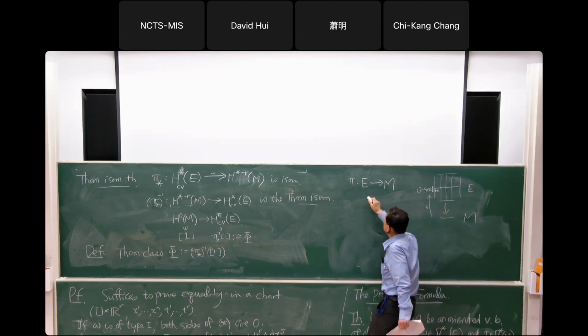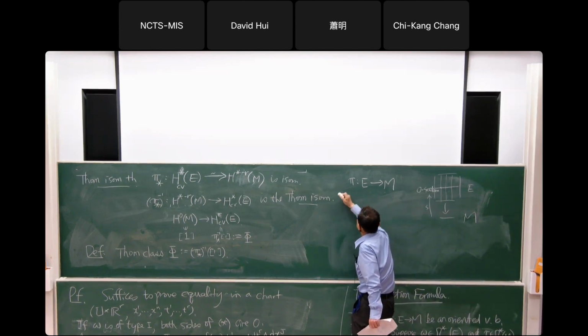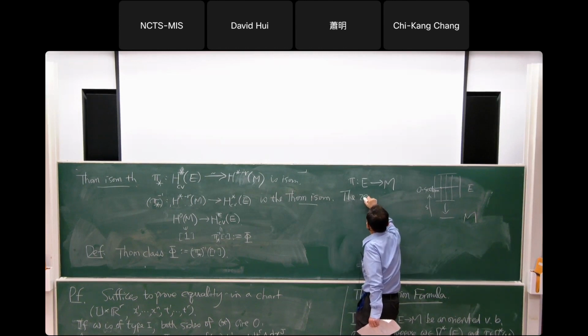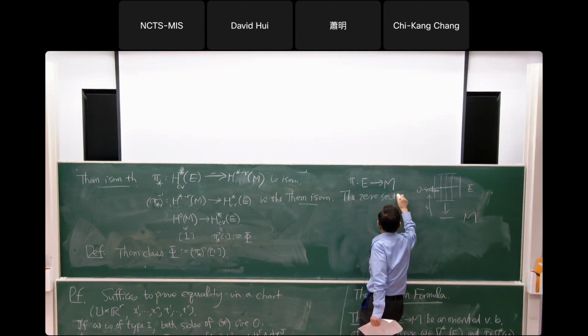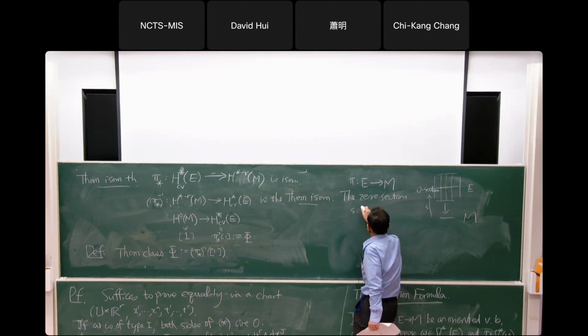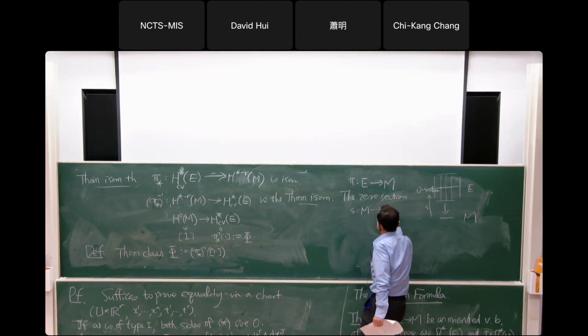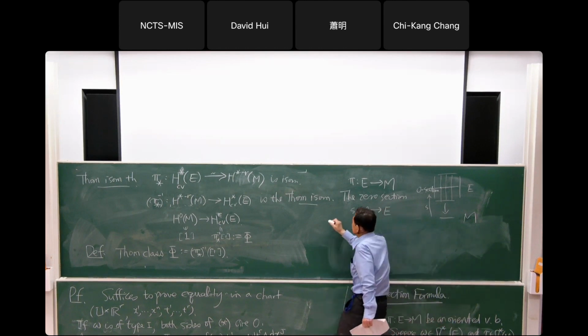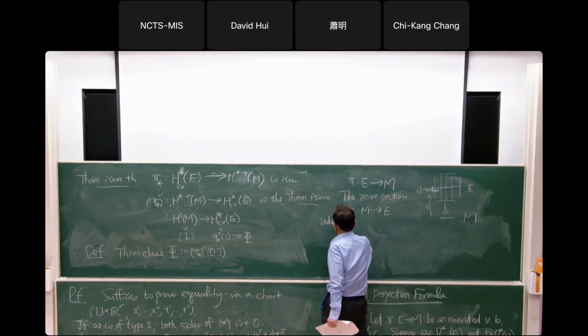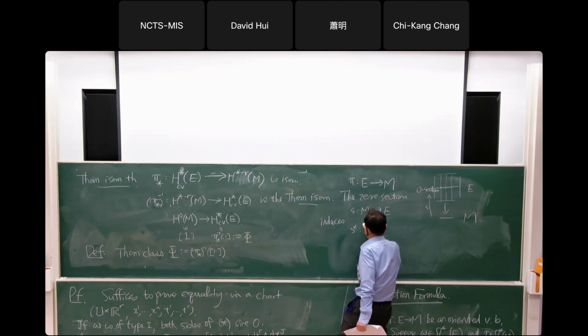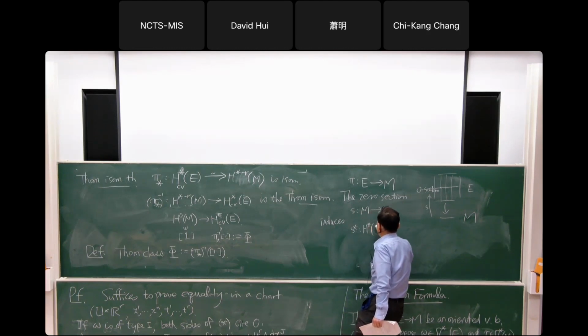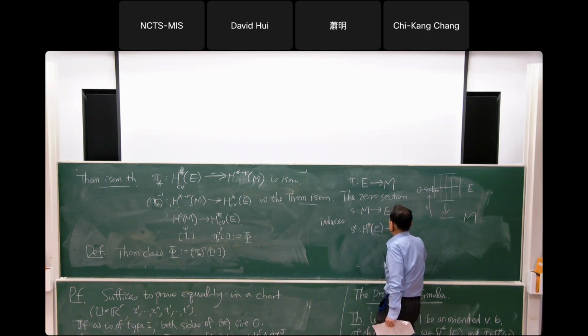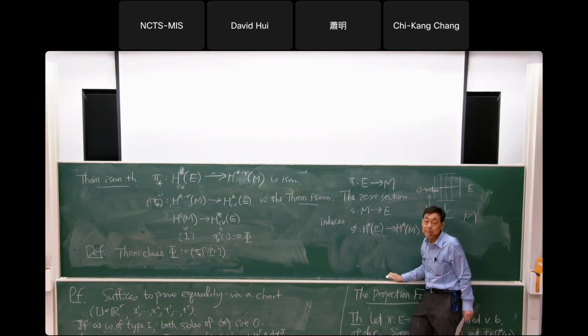The zero section s goes from M to E. And by pulling back, you have the cohomology of E going to the cohomology of M, okay?